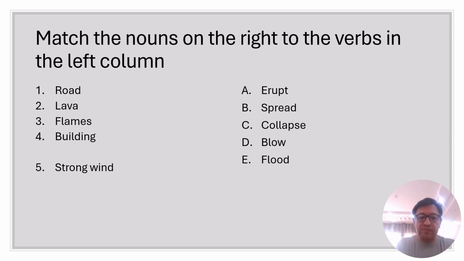For example, we will do one of them together. Road is a noun. That is number 1 on the left side of the column. If you can match it with any of the verbs on the right. With which verb will road go? Roads erupt, spread, collapse, blow, or flood?